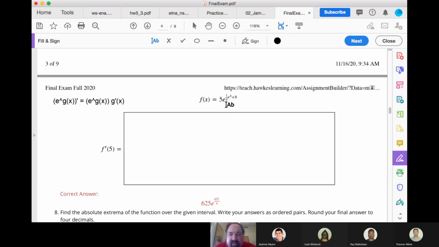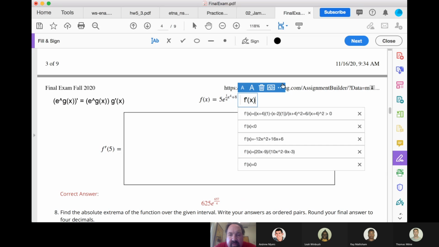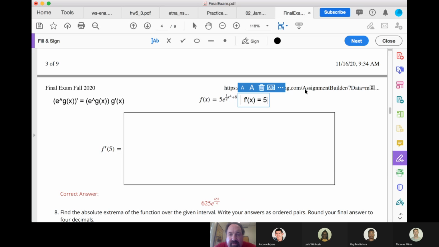Now, if we apply that here, step by step, the derivative will be equal to 5 times the same exponential. Watch the font sizes. It's 1/4 x to the 4th plus 8. That's the exponent.